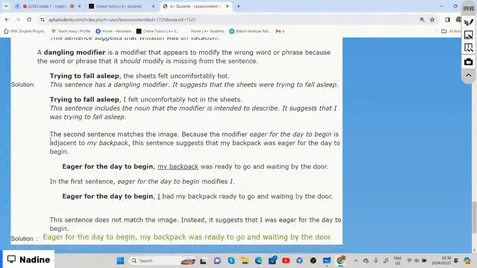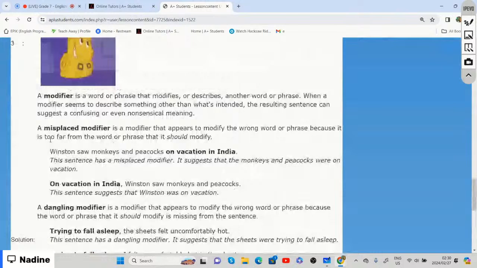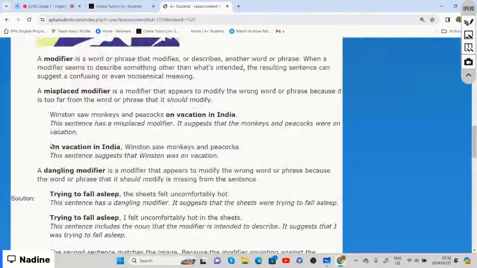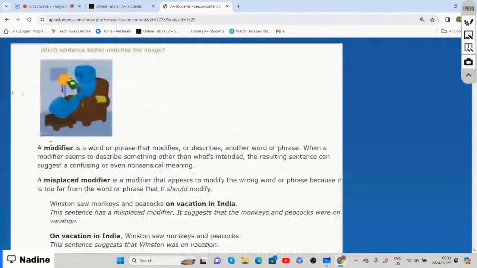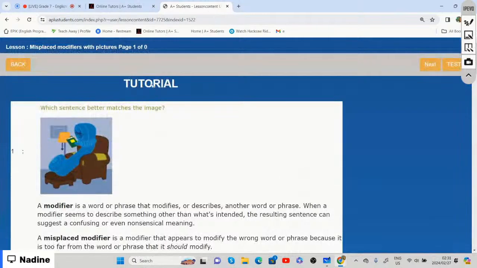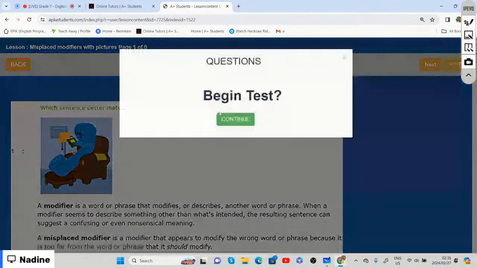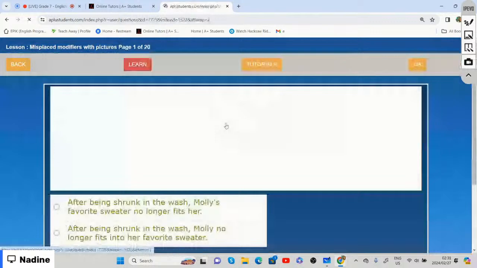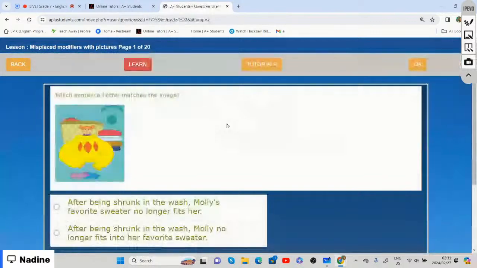All right, so now let's go to our test. We are going to begin the test where we identify misplaced modifiers with pictures.